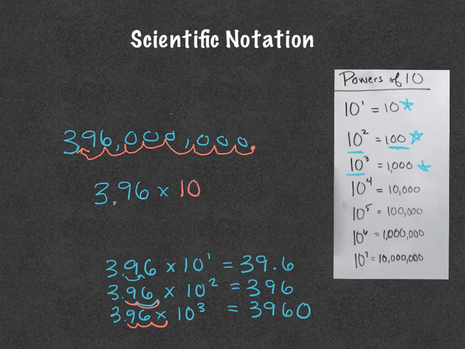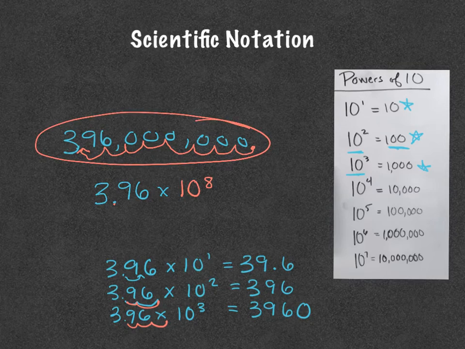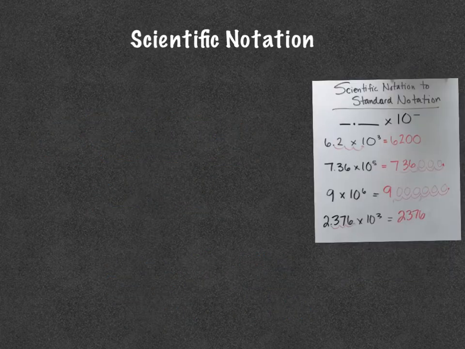So times 10 to the 8th. Okay, so that's how you would take a large number like this and turn it into scientific notation. So basically our formula here is you would have a whole number followed by the other digits that aren't 0, which go behind your decimal. And then you're going to multiply times 10 to the whatever power.